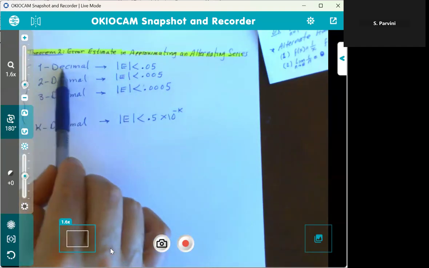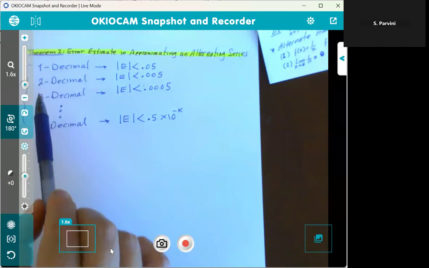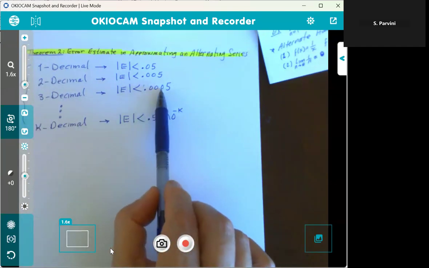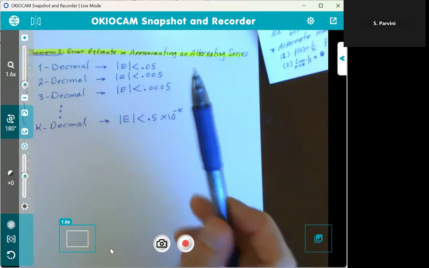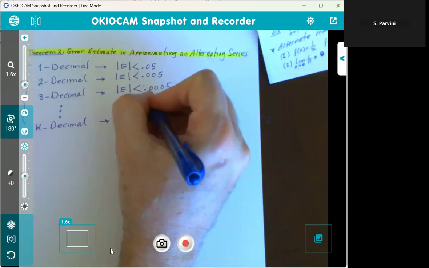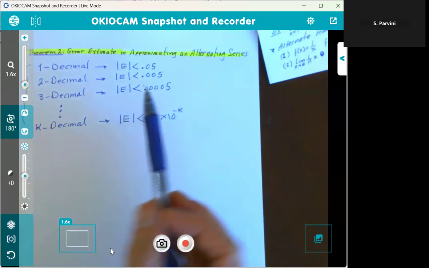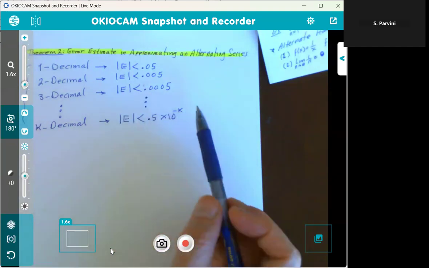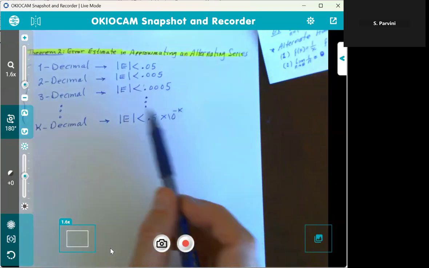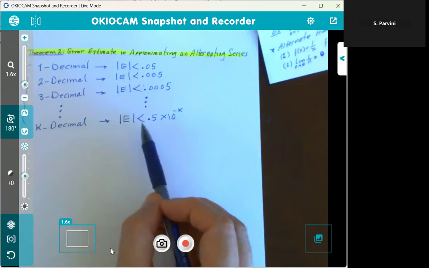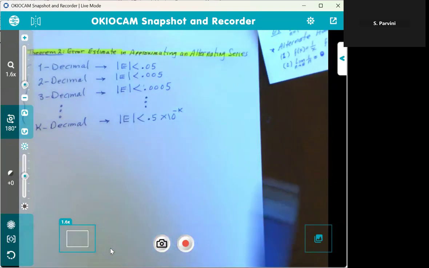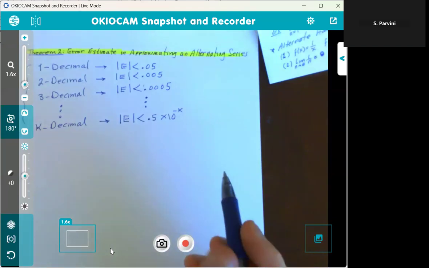So the number of decimals, 1, 2, 3, 4, references how many zeros we have before the 5. If we continue along this pattern, for k decimal accuracy, you use 0.5 times 10 to the negative k. So if you want 5 decimal accuracy, it's 0.5 times 10 to the negative 5 power.